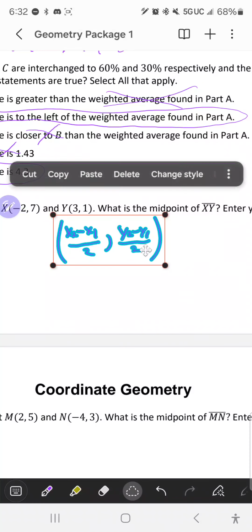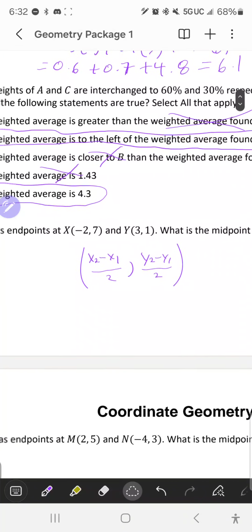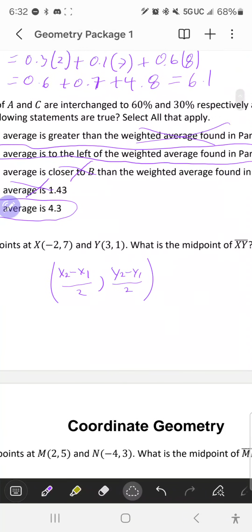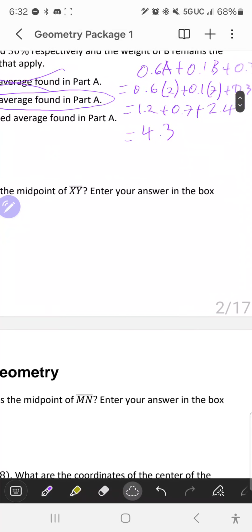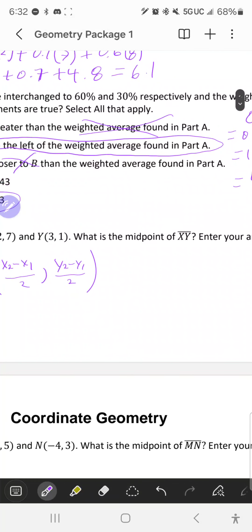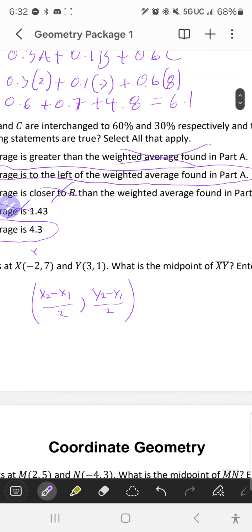Let me just make this smaller and leave it here. Now we have the 2 points, x and y, and we want to find the midpoint of the segment xy. So we just plug in. This is our x1, this is our x2, this is our y1, this is our y2.